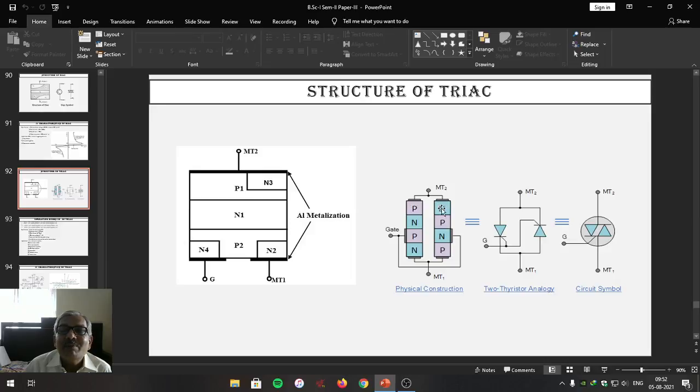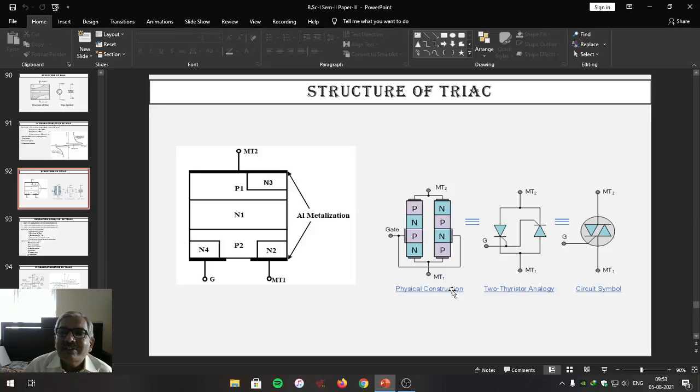This N and P combinedly connected is known as MT2. The bottom N and P are connected combinedly with the ohmic contacts known as MT1. The N region and P region are externally connected and it is called a gate.